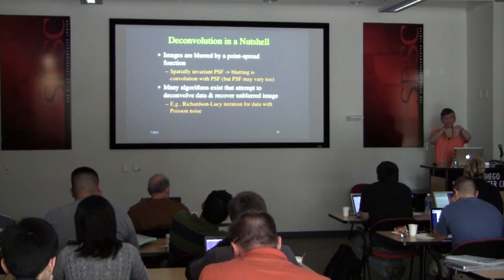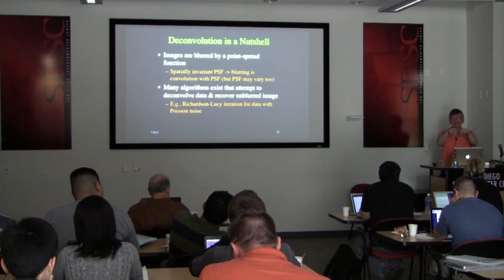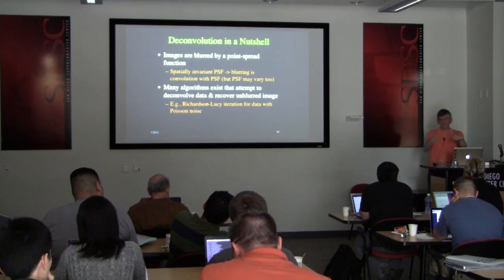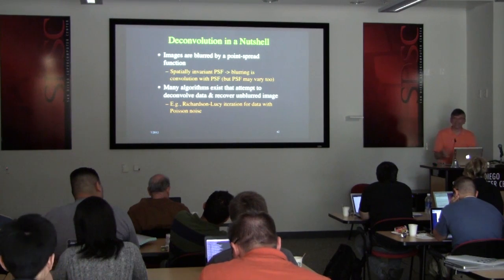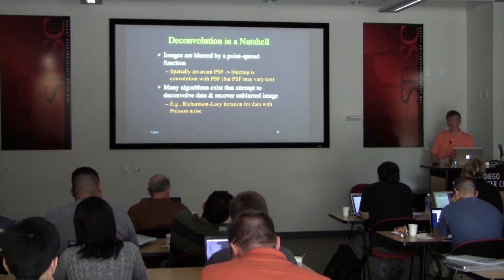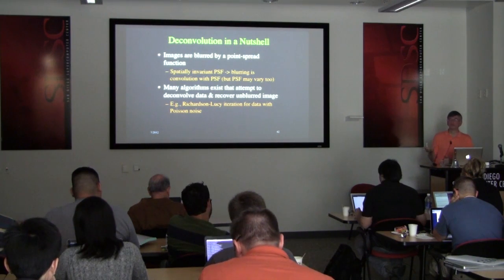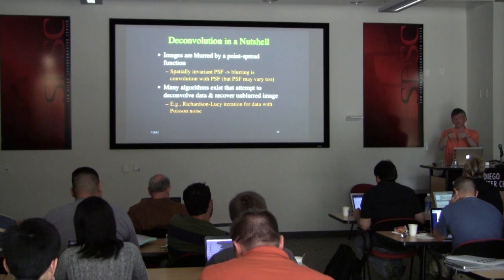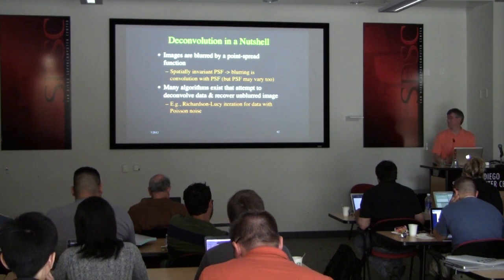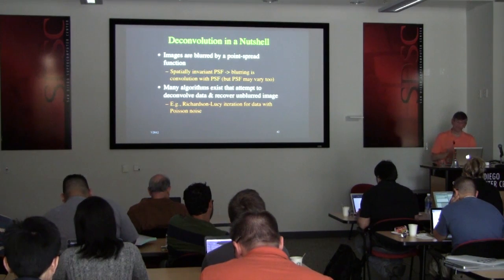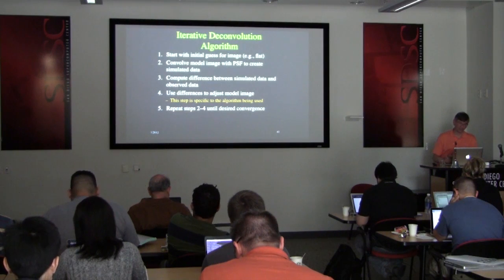You're trying to recover two overlapping images and figure out the inherent point spread function of those two images, which you don't know because it depends on the seeing from the ground. There's an algorithm based on Richardson-Lucy which you can use to derive both the intensity of those two images and the shapes of the two point spread functions when they're overlapping. So it just pops up a lot. It's really a useful thing to know about.